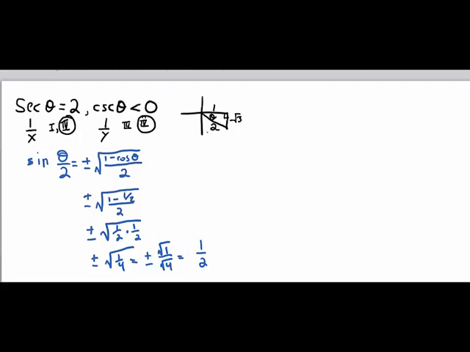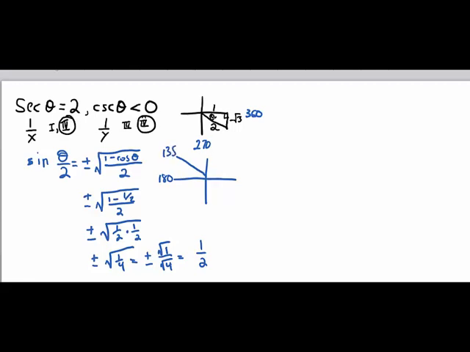We're going to decide based on the fact that we are taking something in the fourth quadrant and cutting it in half. Now, the fourth quadrant goes from 270 degrees to 360 degrees. If I cut each of those in half, that would put me in the second quadrant, because 360 degrees cut in half is 180, and 270 degrees cut in half is 135.